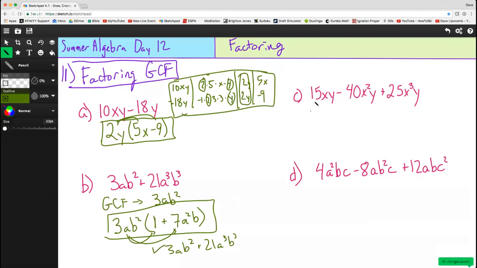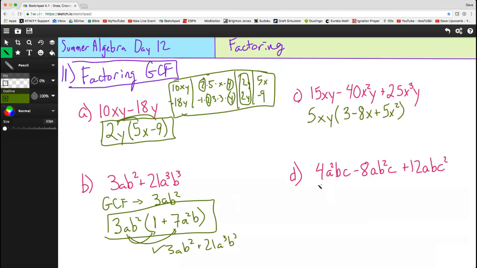Check. Here, our GCF is 5xy. Leftovers are 3 minus 8x plus 5x squared. Check is 15xy minus 40x squared y plus 25x cubed y.